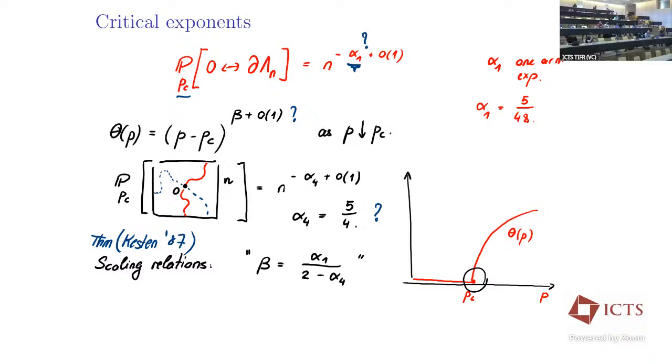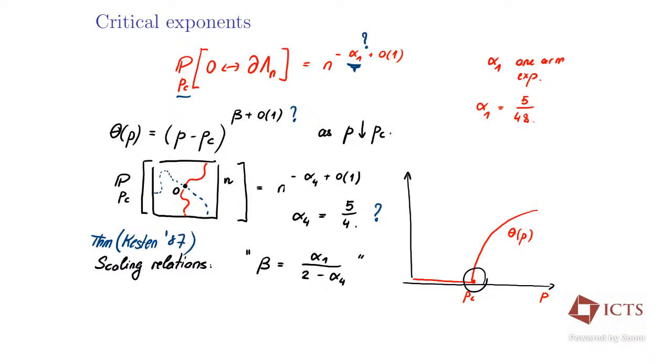Alpha 4, does it make sense in higher dimension? Well, alpha 4 is the influence of an edge on an event, and it basically governs the amplitude of the derivative of an event with respect to one edge.